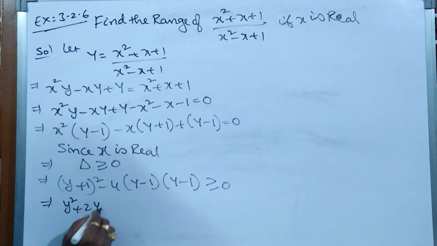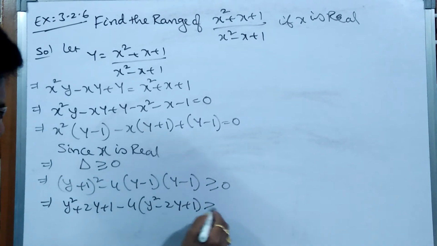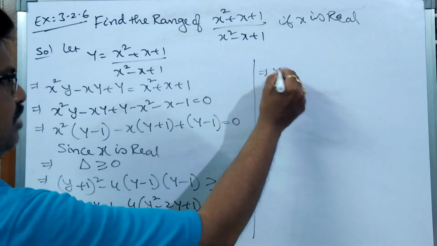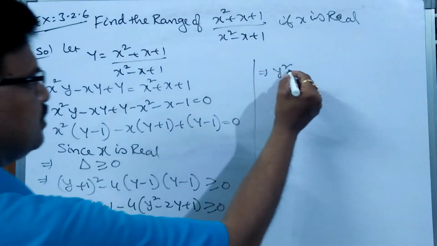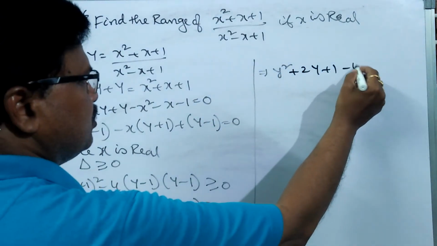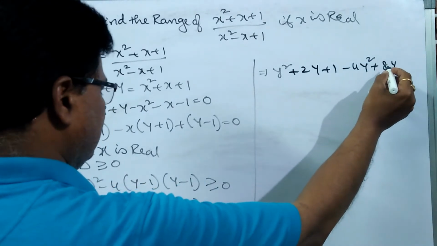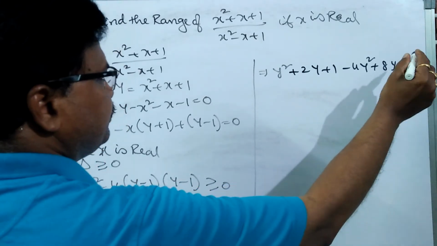What we are going to get now? Y square plus 2y plus 1 minus 4 into y minus 1 into y minus 1. Y square minus 2y plus 1 greater than or equal to 0. Further expansion, y square plus 2y plus 1 minus 4y square plus 8y minus 4 greater than or equal to 0.